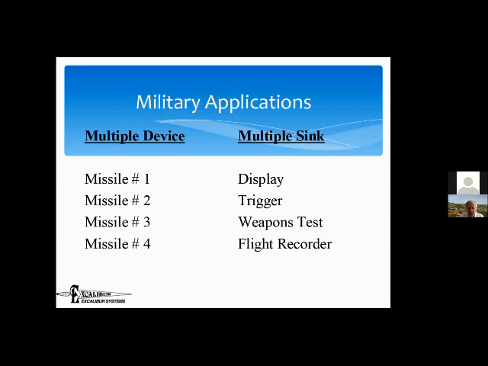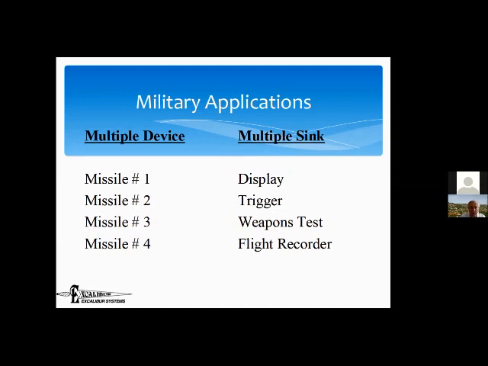So you need a trigger. Before you do that, the pilot would like to check, is everything working properly? So that would be a weapons test button. And presumably you want a flight recorder so that later on you understand exactly what decisions were made and why they were made. Certainly if things go horribly wrong, you want that, but even if they go right, it's not a bad idea.